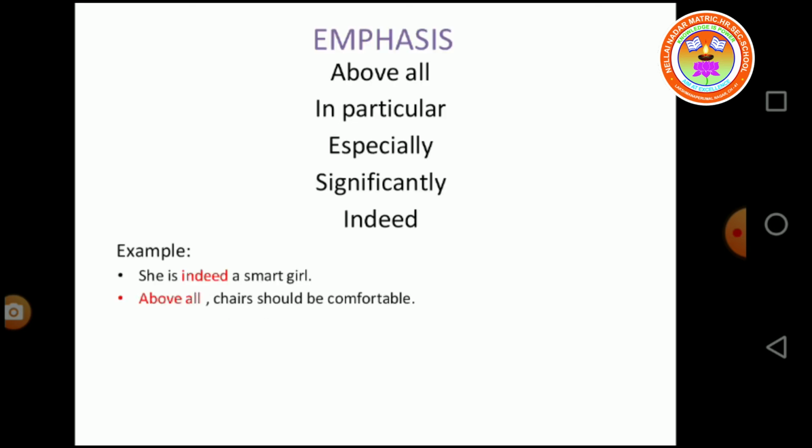Next, emphasis. Above all, in particular, especially, significantly, indeed. Example, she is indeed a smart girl. Above all, chairs should be comfortable.